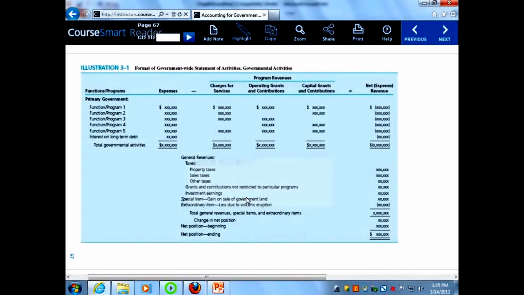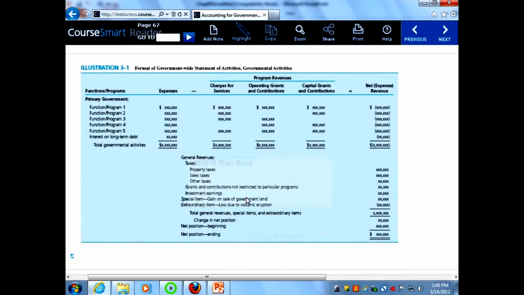Fines and forfeits. Now this is an interesting question, because even though you might consider fines and forfeits to be directly involved with police type of activity, it shows up as what? General revenue. Motor vehicle fuel taxes restricted for road repairs. All right. What did I say about taxes? Any kind of taxes, because it's a tax, it's general.